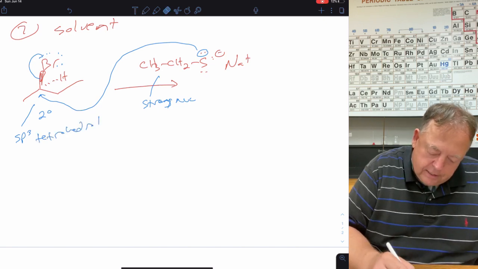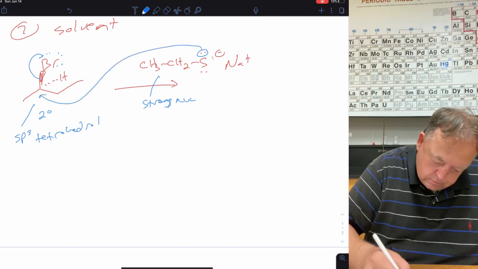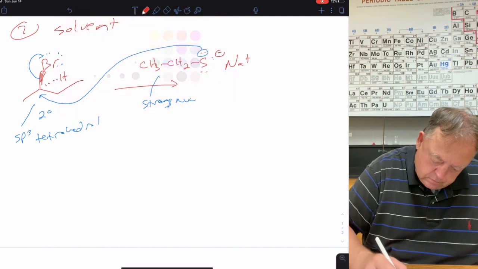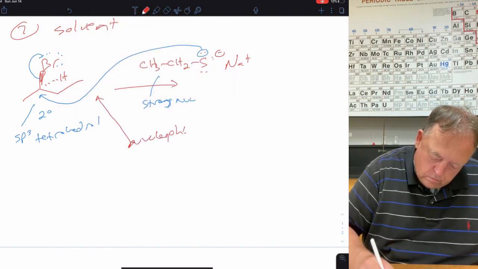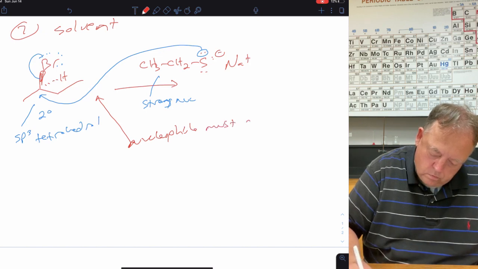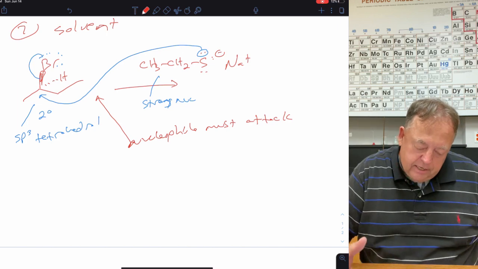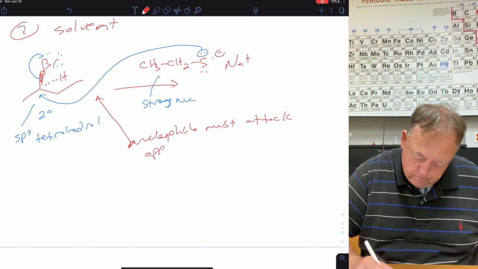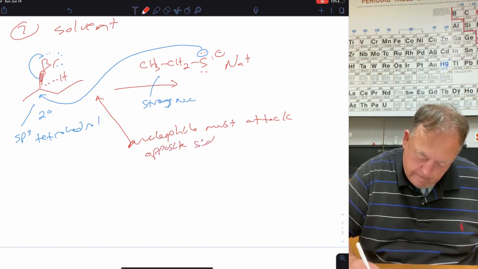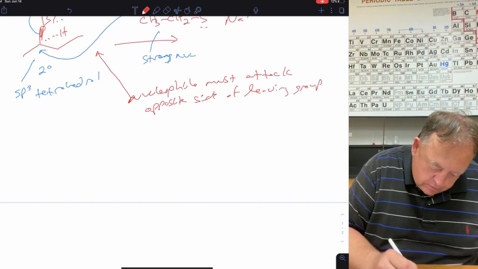And when the nucleophile attacks, the nucleophile must attack from the opposite side of the leaving group.